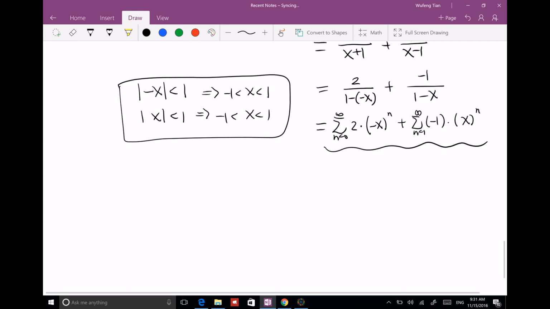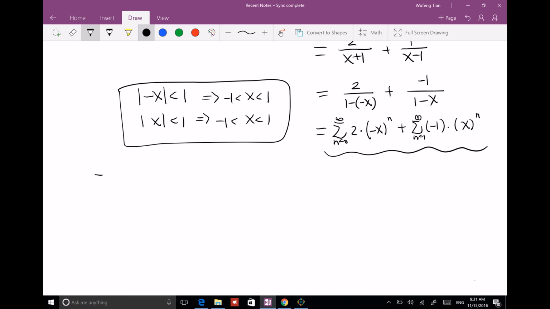For example, f(x) equals 5 over 5 plus x squared, center at c equals 0. Find the power series for this one.